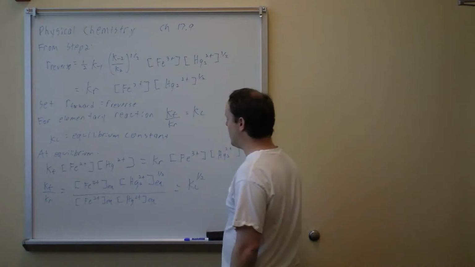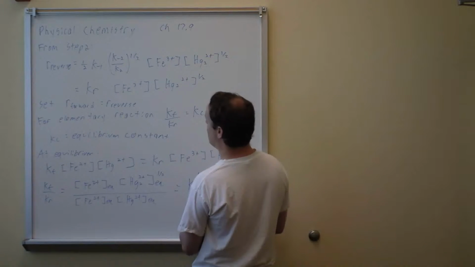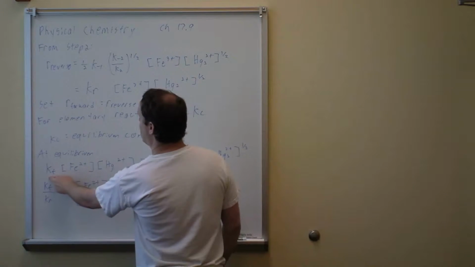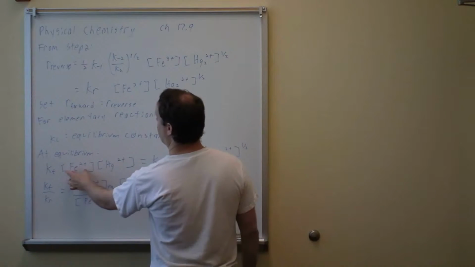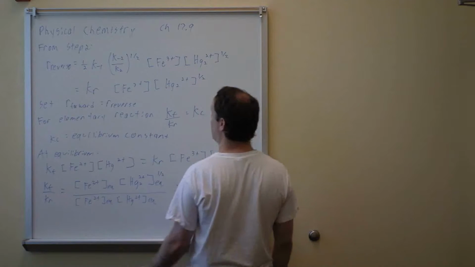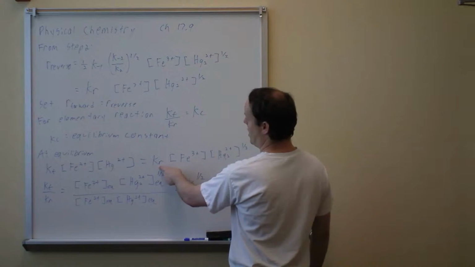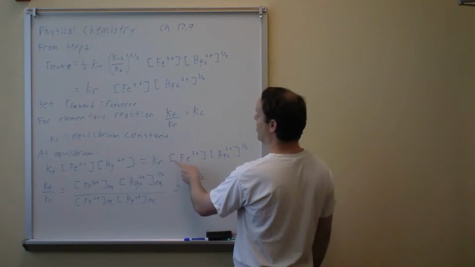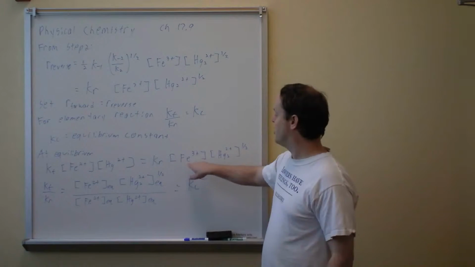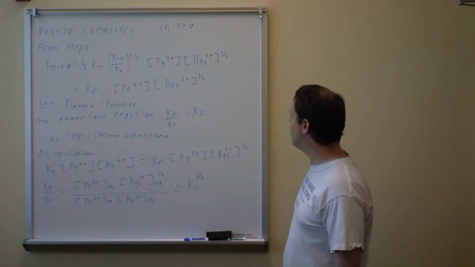So at equilibrium, we can substitute in those two formulas we came up with and say, okay, the rate constant of the forward reaction times the concentration of Fe2+ times the concentration of Hg2+ is equal to the rate constant for the reverse reaction times the concentration of Fe3+ times the square root of the concentration of Hg2 2+.